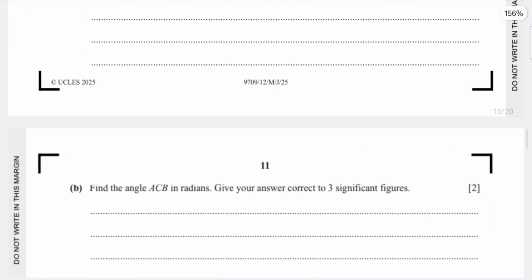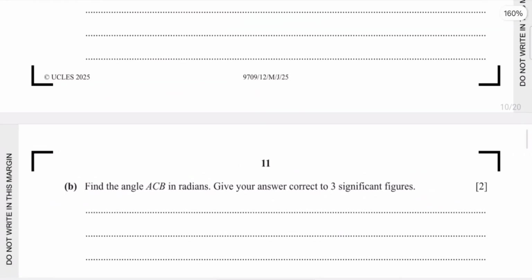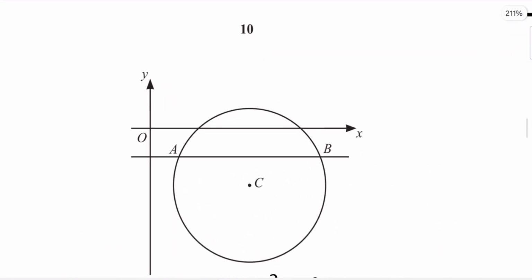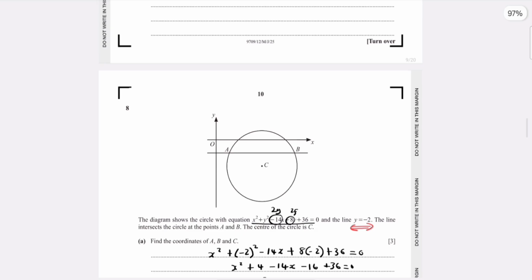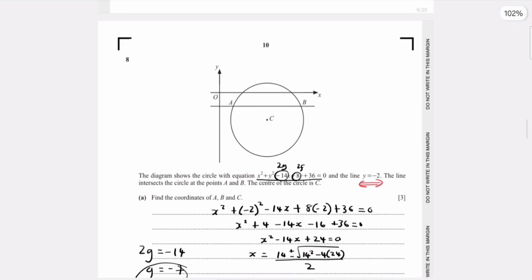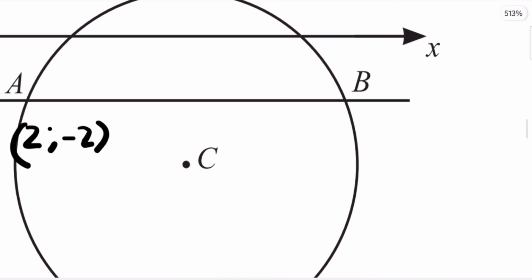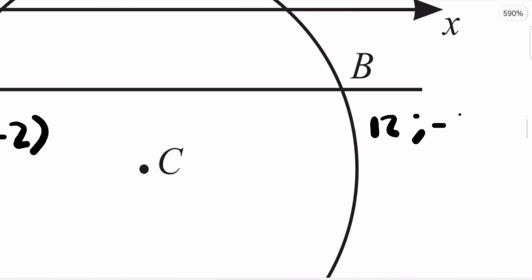Then part B says find the angle ACB in radians. Give your answer correct to 3 significant figures. Angle ACB, so A was what? (2, minus 2), and B was (12, minus 2).